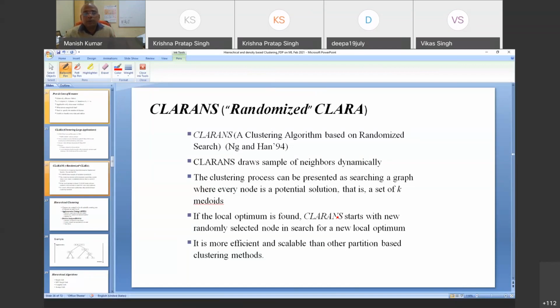If a local optimum is found, then CLARANS starts with a new randomly selected node in search of a new local optimum. Yes, it is more efficient and scalable than other partition-based clustering methods. I think this is the outcome of the research done by Ng and Han in '94. You can refer to the paper for the details.